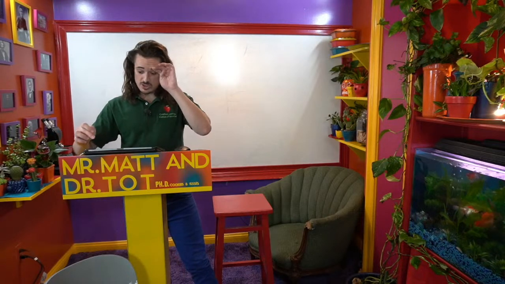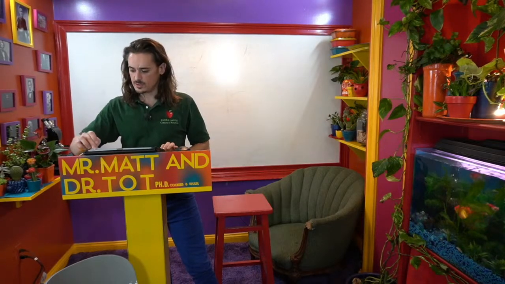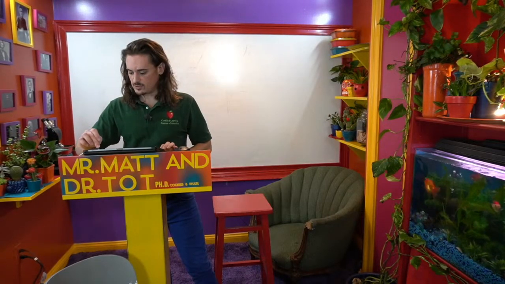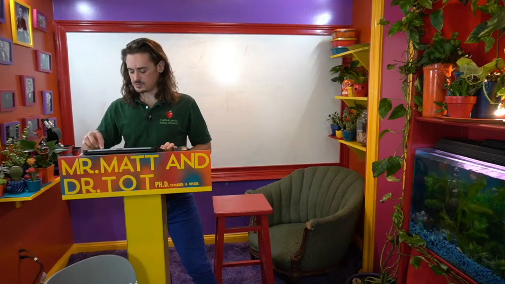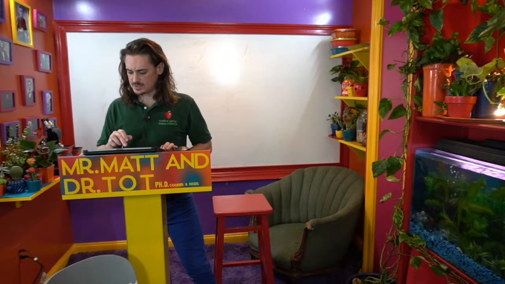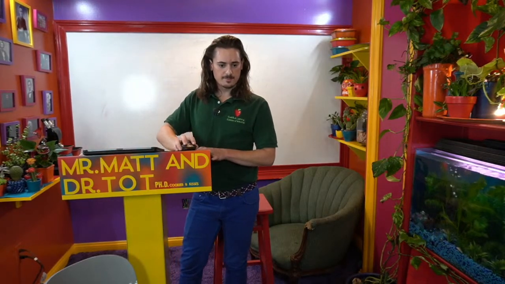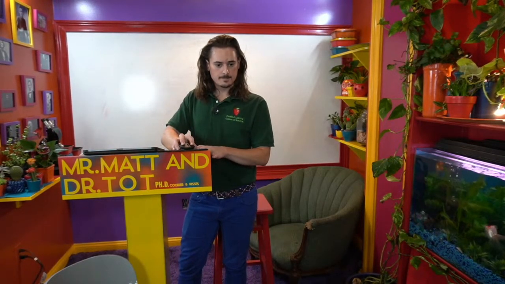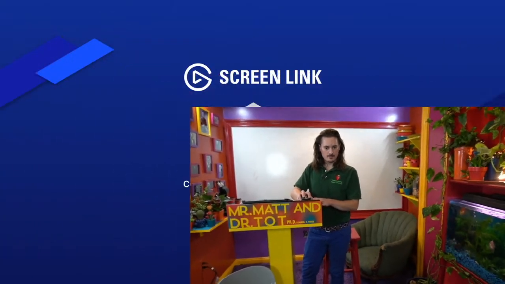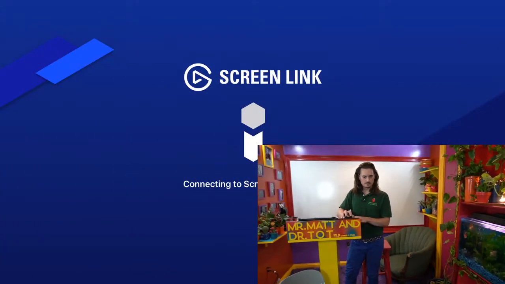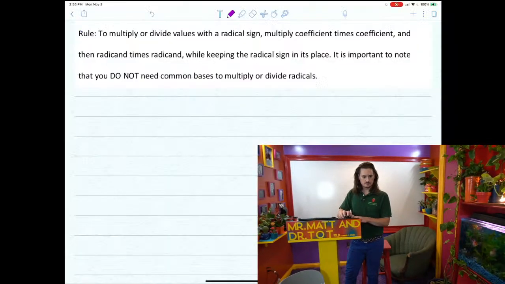I have the multiplication screen up and it's still on the last value of the last problem set where we were adding or subtracting. Let me see if I can get this going correctly. Let me see if it moves.